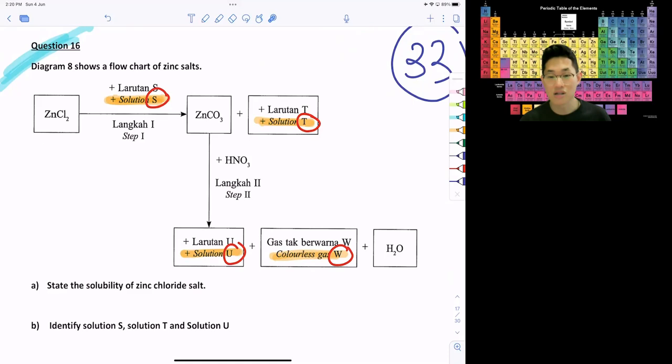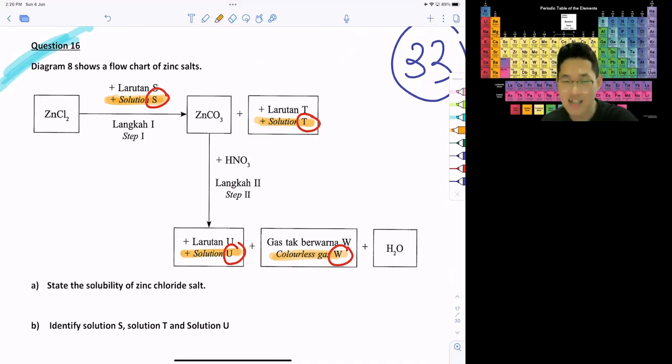Colorless gas W is copper. No. Copper is not a gas. Copper is not a gas. Copper is not a gas.